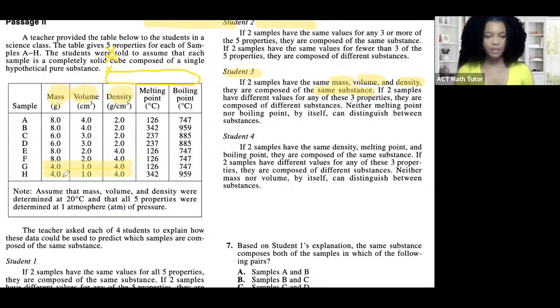GH, same mass, volume, density, okay? So that is going to be the correct answer for that problem when they are referring to student 3, okay?